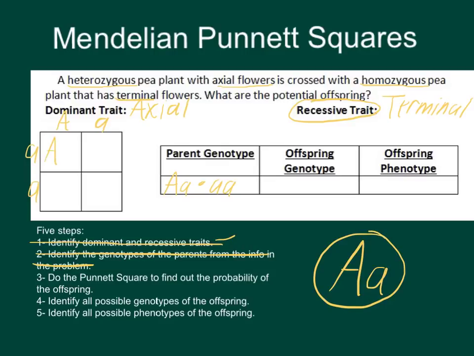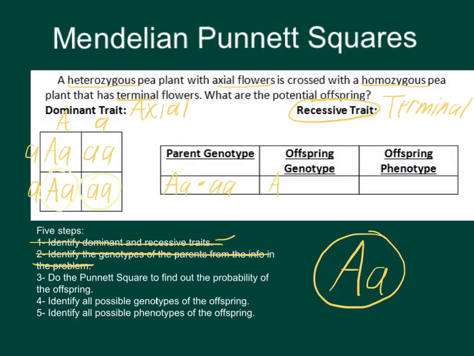Combine them together in our Punnett square. Remember, you always write the capital letter first if it is a mix. Now our offspring genotype is going to be the unique things that showed up in our Punnett square. So there's 2 different unique outcomes. We've got this one and this one.